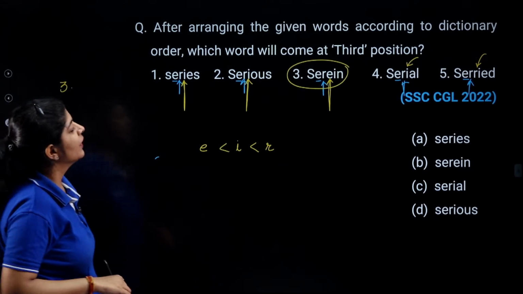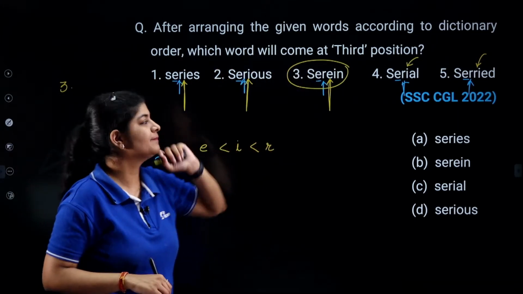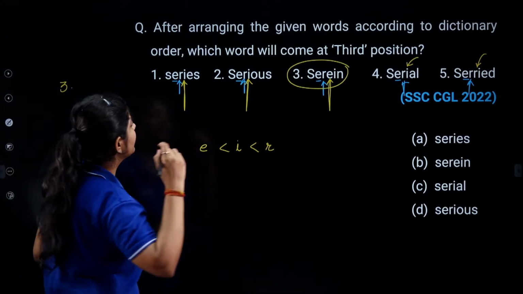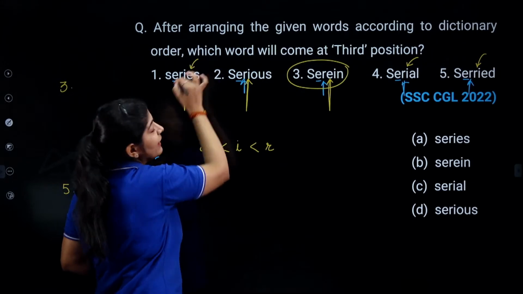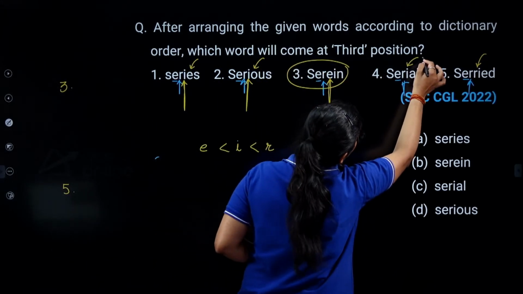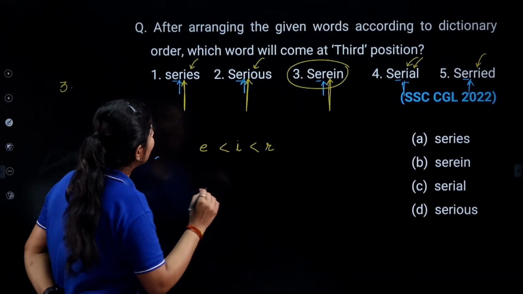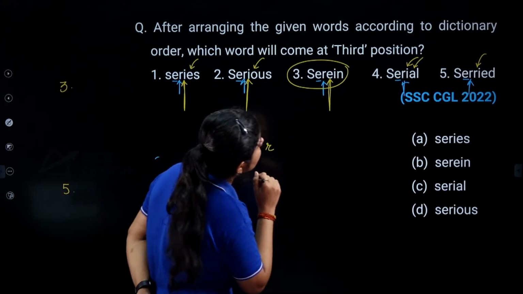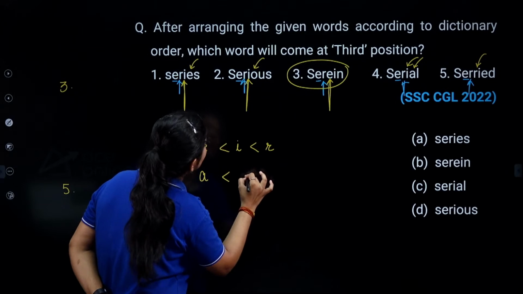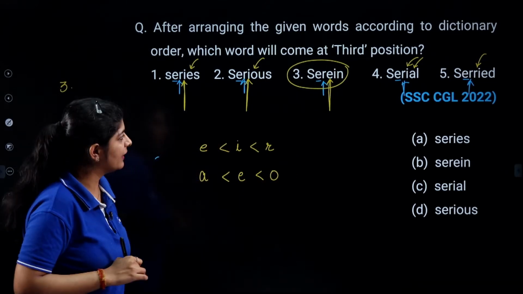Now we need to deal with the first, second and the fourth words. We need to check the next, fifth alphabet. Here I am having E, here I am having O and here I am having A. Now we know that A comes first, after that E will come and after that O will come. We all know that, right?